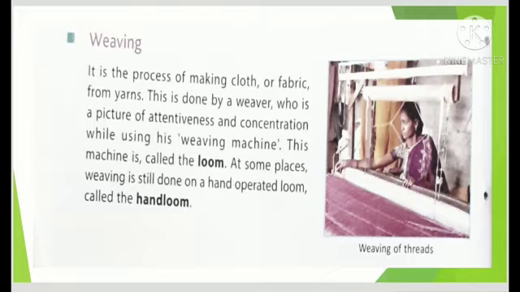This machine is called the loom. At some places, weaving is still done on a hand operated loom called the handloom. This is all about the process of weaving, how the long threads can be converted into fabric or cloth.